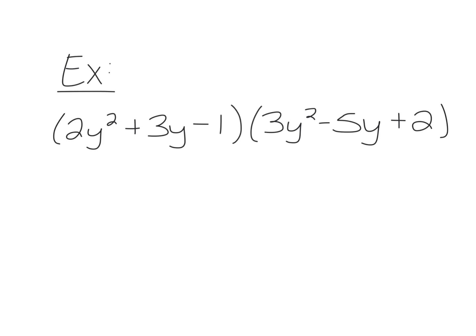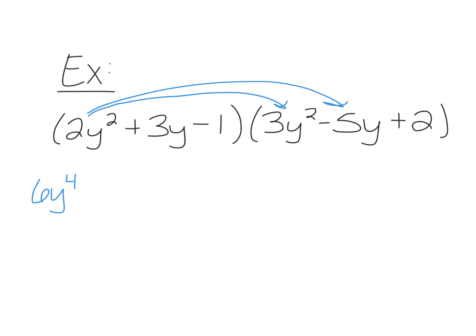And try this example. How does this one change? You got a lot more. You just have one more extra term that you have to distribute through. But same process. So first I'm going to take 2y squared and distribute it to all terms. So we have 2y squared times 3y squared. What was your new exponent that you created? 4. Good. 2y squared times negative 5y. What's your new exponent? 3.